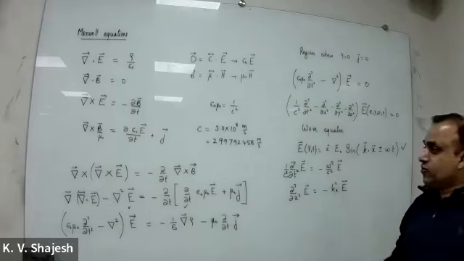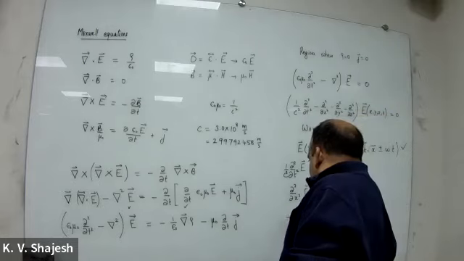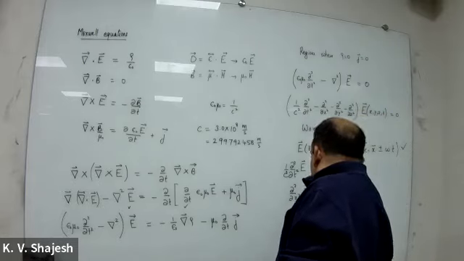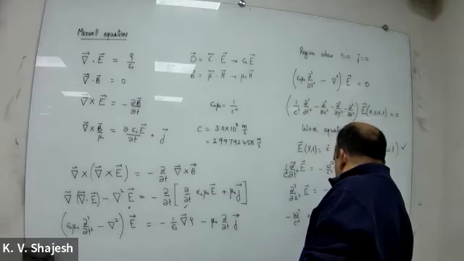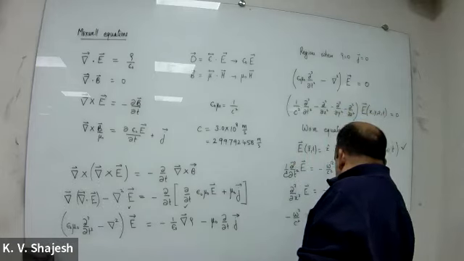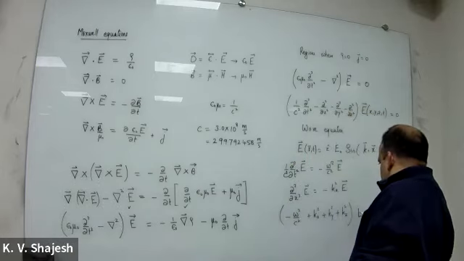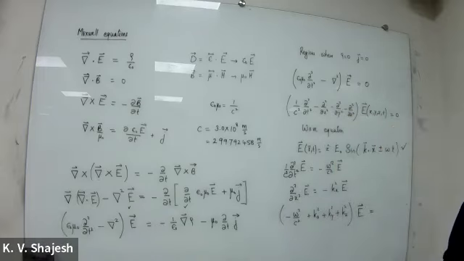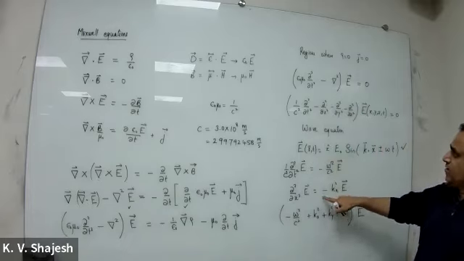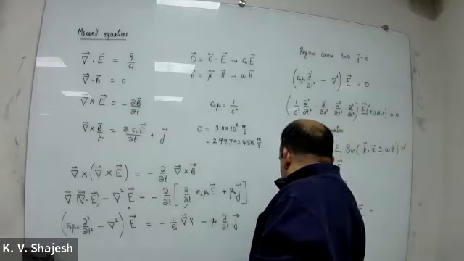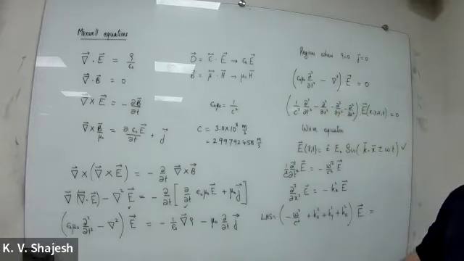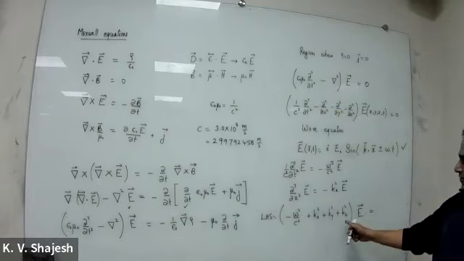As of now, it is not, because if I substitute it in there, I get minus omega square over c square plus kx square plus ky square plus kz square, times the electric field. Why should this be 0? It's not 0. I evaluate this and substitute it on the left hand side, and that's not 0, unless this is equal to 0.